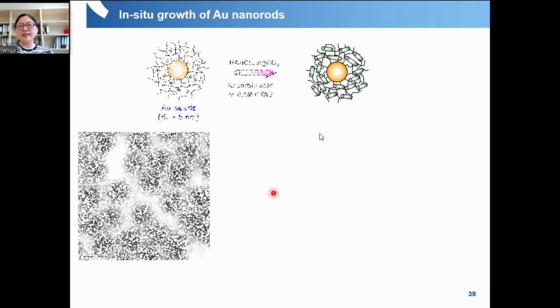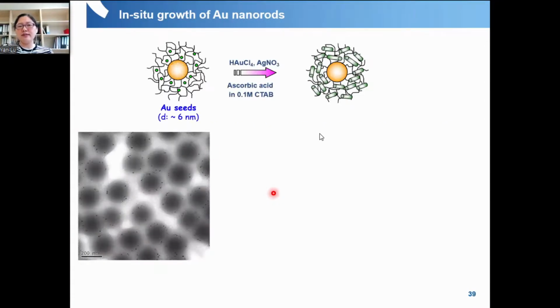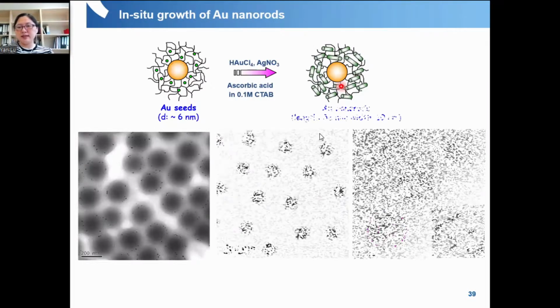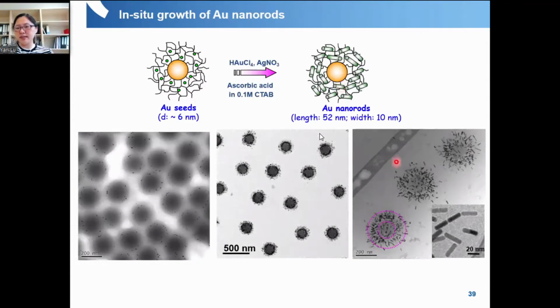And for this system, you can use the gold nanoparticles, the spherical particles, which are pre-generated in the microgel as gold seeds. Then you do the seed-mediated growth step for the gold nanorods. And from the TEM image here, you can see clearly the gold nanorods are well defined and deposited into the microgel system.